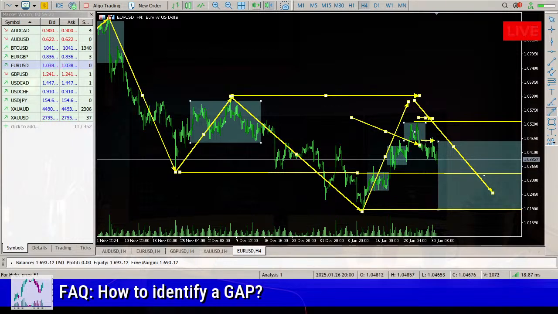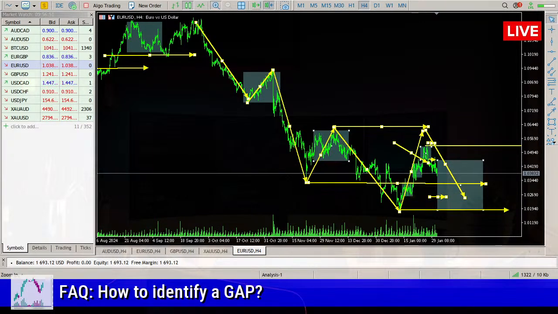For me, I will take around 75% of the range size, that will be around here. This is my target when I put my position for the daily chart.